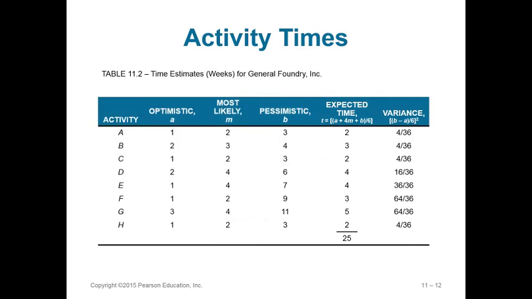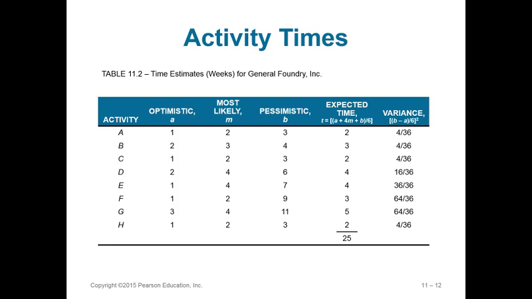So this table right here shows us what you see in the text, an idea of what optimistic, most likely, and pessimistic for each activity could be. Then you calculate the expected time and the variance.